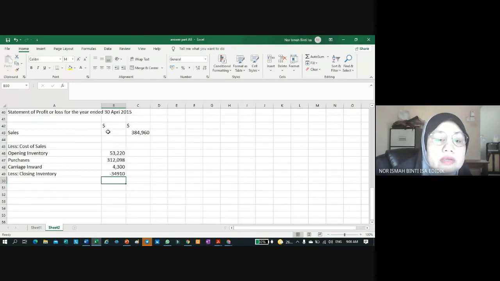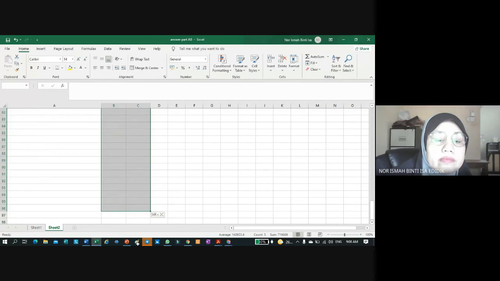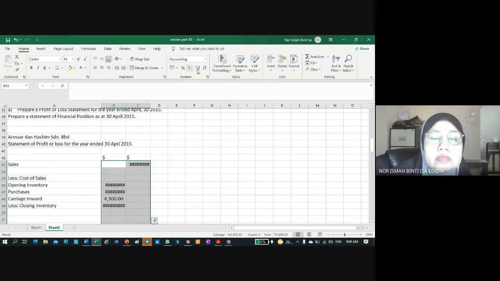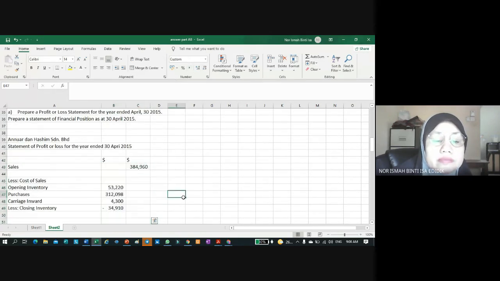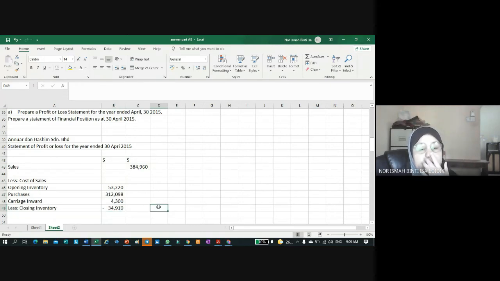Next one. Patutnya ditukar pada kurungan.